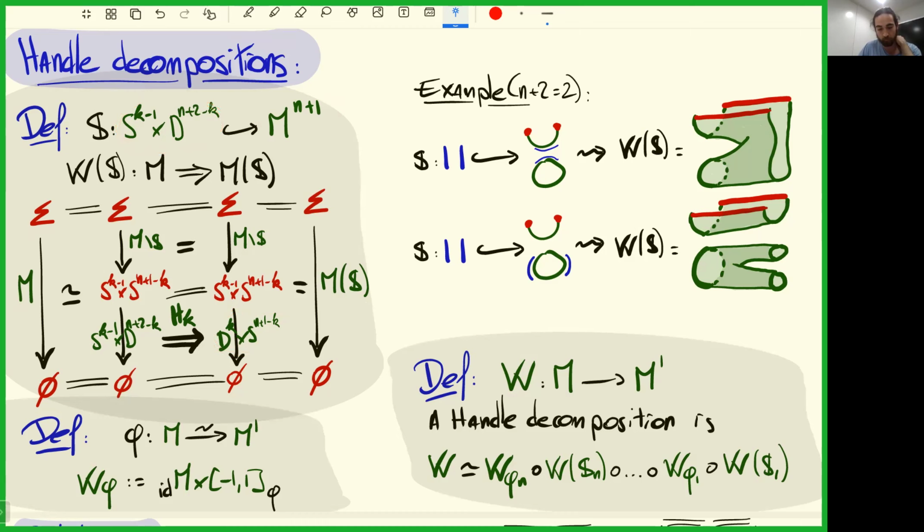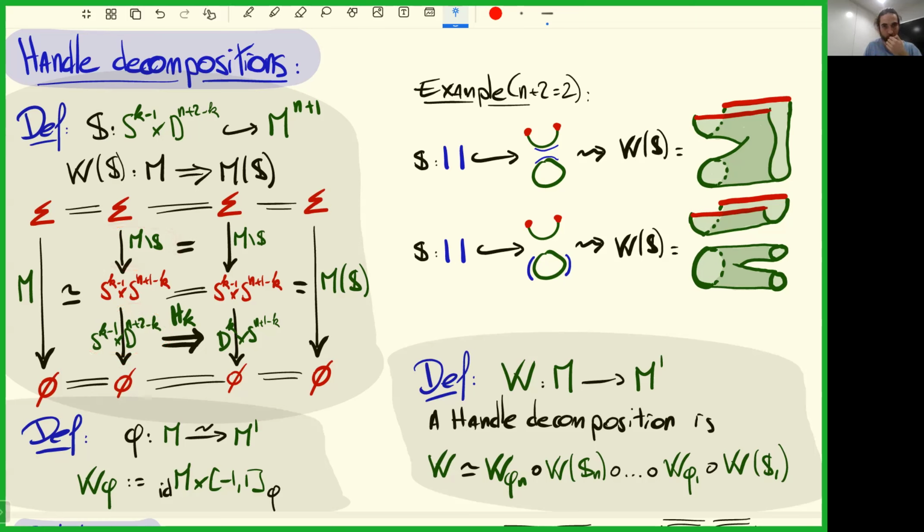Okay, so the way we implement this in this two category is having this embedding. I can think of M as being split into two parts. First, I have the image of the thing, which is just a sphere across a disk, and then I have the exterior.